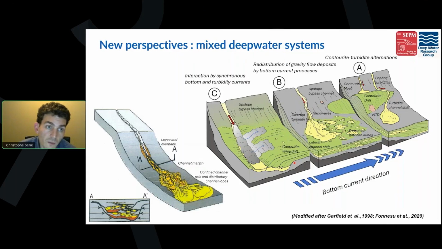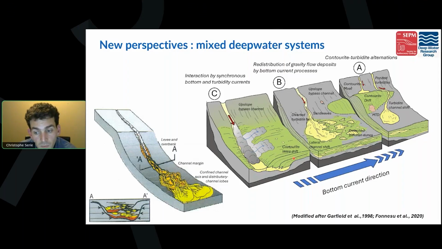So if we start to think about the model with gravity deposits developed by Exxon and other companies, we get to see those deep water systems where you have the canyon, the channel lobe, and then the distal fan system.